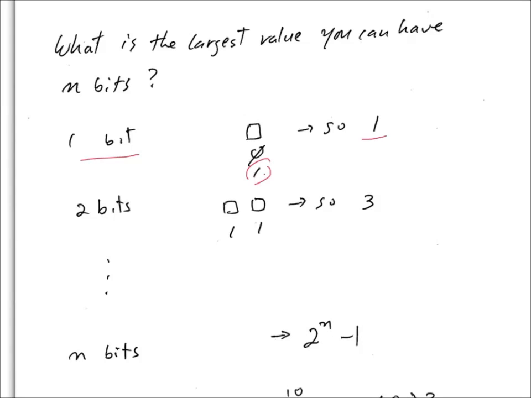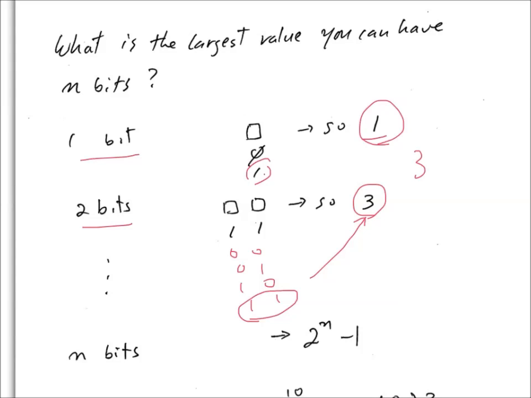How about 2 bits? We can have 00, 01, 10, 11. So the largest value should be 11. So 11 in decimal is 3.